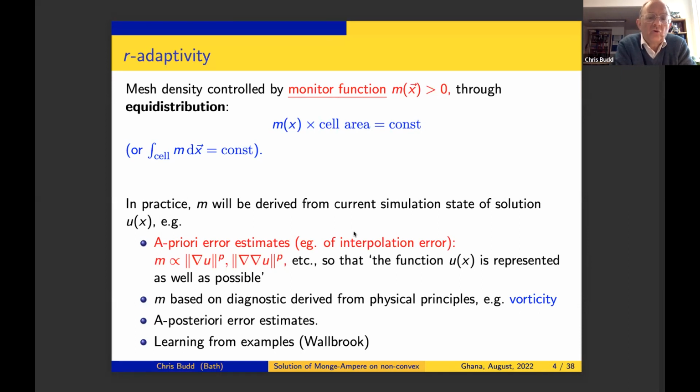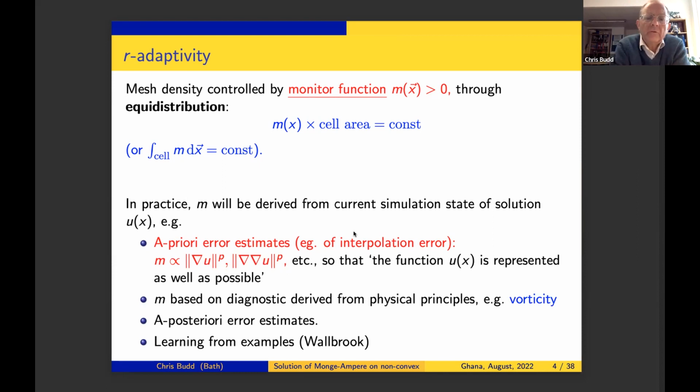Another method, which we'll talk a bit about later on, is you do a computation, you make some a posteriori error estimate of the computation, which in finite element methods is relatively straightforward, and then that becomes your measure.